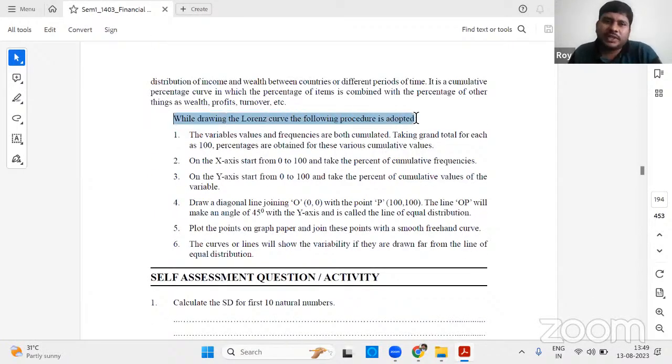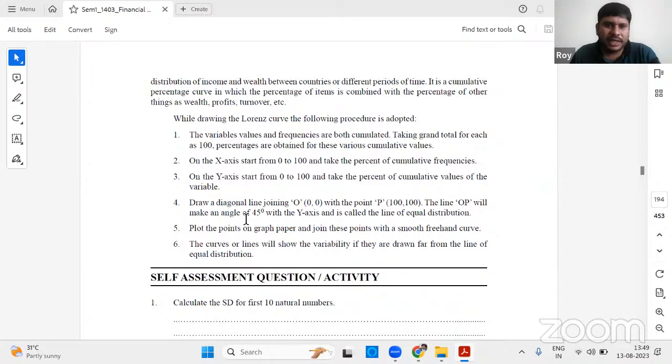While drawing the Lorentz curve, the following procedure is adopted. See, this is standard deviation. The variables, values, and frequencies are both cumulated, right? Taking the grand total of each as 100, percentages are obtained from these various cumulative values. On the x-axis, starting from 0 to 100, take the percent of cumulative frequencies. On the y-axis, start from 0 to 100 and take the percent of cumulative values of the variable.